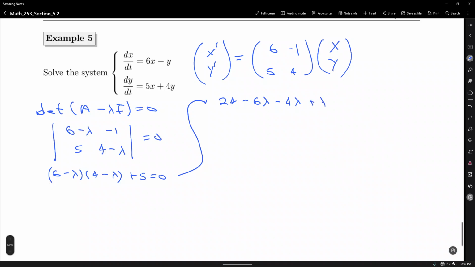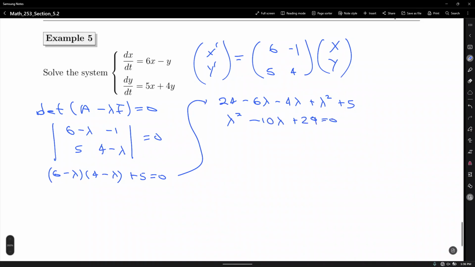And positive lambda squared plus 5. So lambda squared minus 10 lambda, and 24 plus 5, is that equal to 29? And let that be equal to 0.